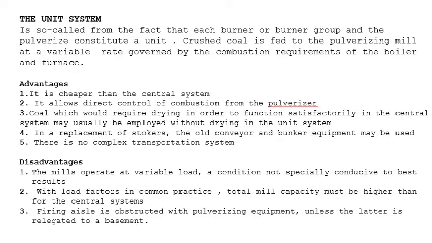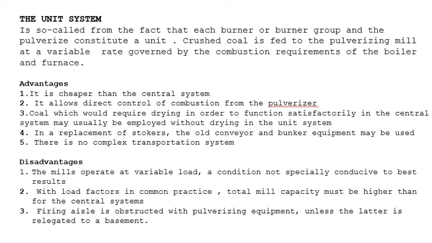So the disadvantages are that the mills operate at variable load, a condition not especially conducive to best results. The results are somewhat not what you expected, as with load factors in common practice.